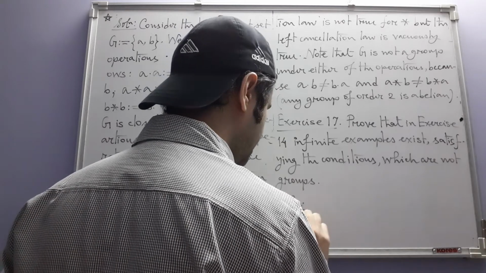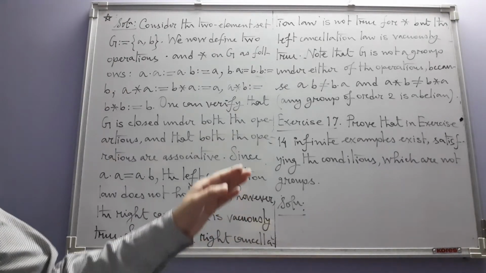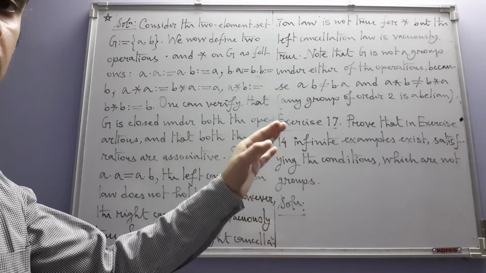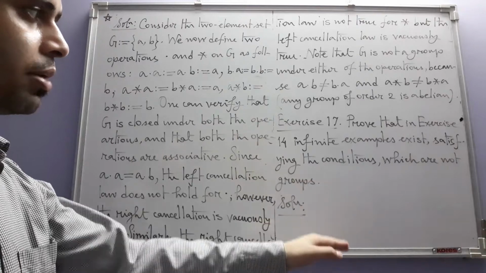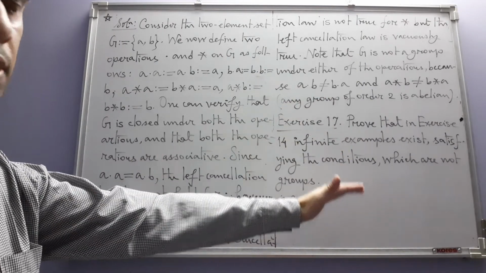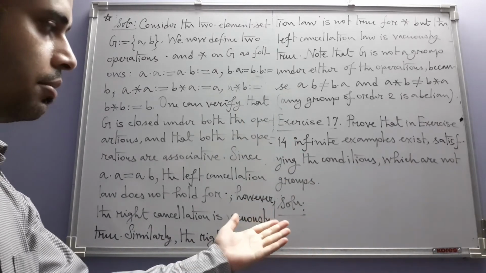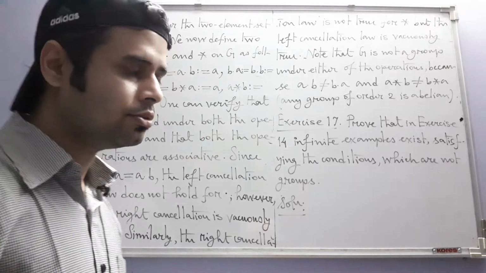It's very easy to come up with such an example where we have a non-empty set which is infinite. There is an operation with respect to which the set is closed. The operation is associative and the cancellation laws are also true, but the system is not a group.